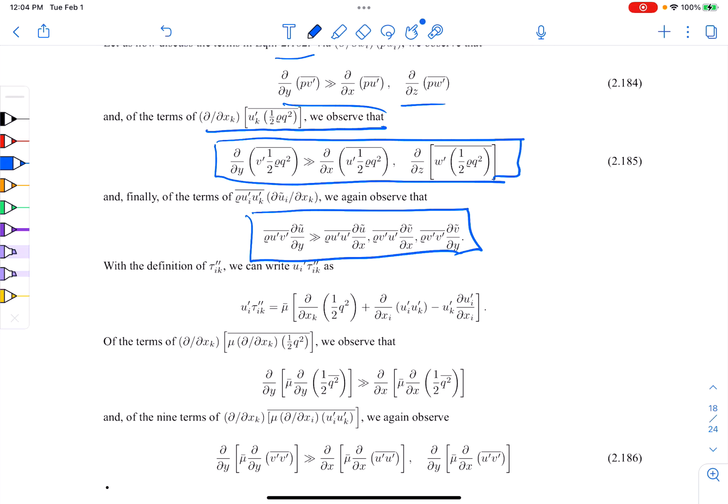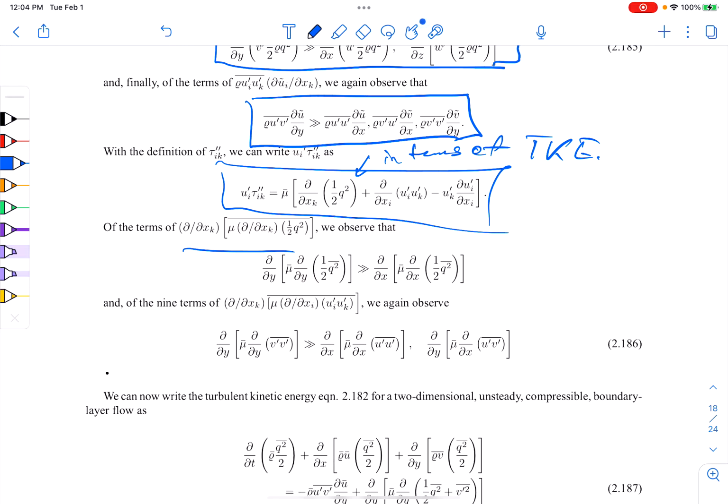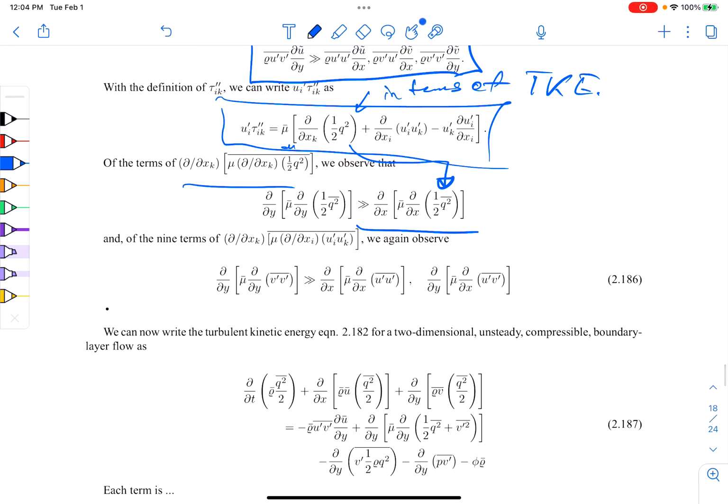And we've also rewritten ui prime tau ik double prime in terms of the turbulent kinetic energy. And the same thing for this term using dimensional analysis. Okay. Anyway, after you reduce all that, I'd like to make a quick note, because this is pretty in-depth analysis.